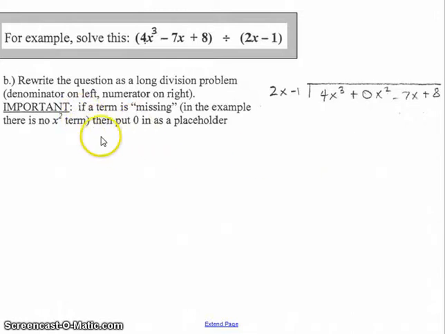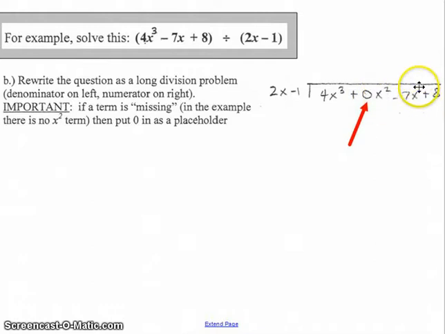Notice, though, an important point here. If you've got a term that's missing, in other words, if you've got an x degree that you would expect to see if you had all of them represented, but it's not there, leave a placeholder, leave a 0. So as an example here, I've got degree 3. I don't have a degree 2, so I have to put 0 there.